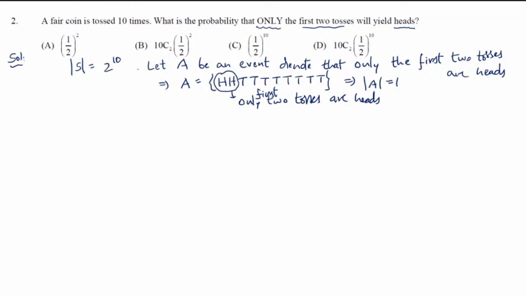So therefore, the required probability is P of A equal to |A| divided by |S|. Mod means cardinality of a set, that is, the number of elements in that set. It is equal to 1 by 2 to the power 10, that is 1 upon 2 raised to 10.